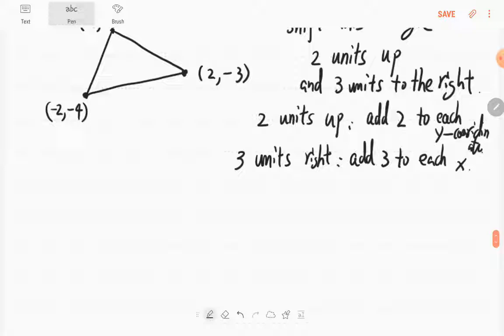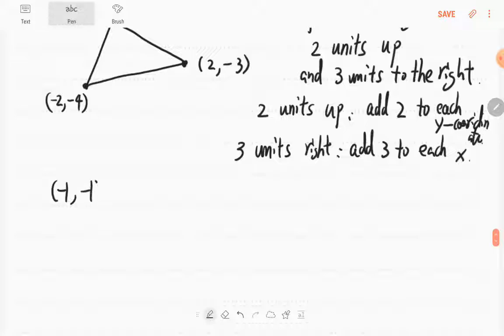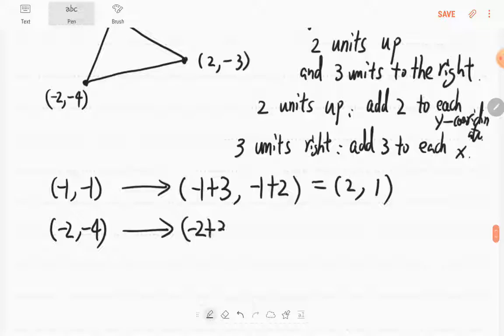So our first vertex, which is (-1, 1). So it becomes what? -1 plus 3 to the right, and up 2 units, so 1 plus 2. So this one would be (2, 3). And (-2, -4) becomes -2 plus 3 and -4 plus 2. So this one would be (1, -2).